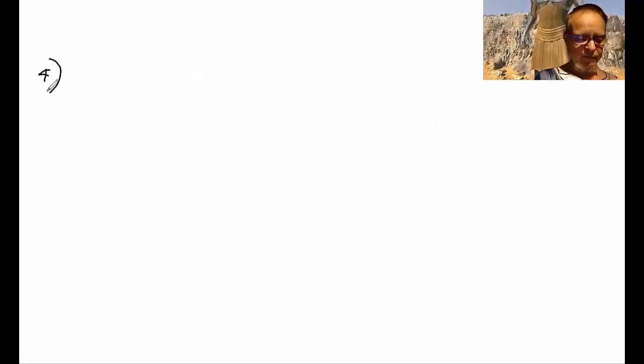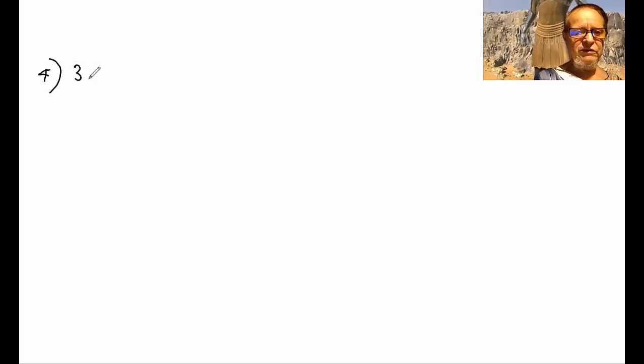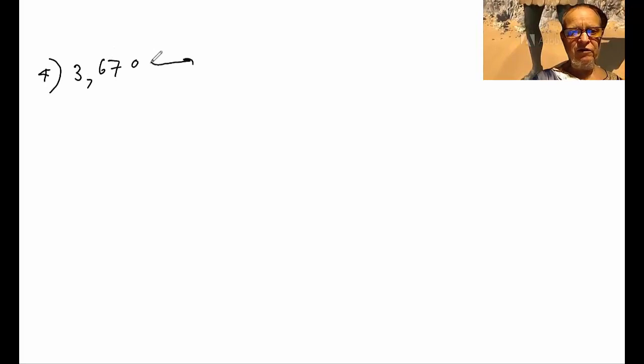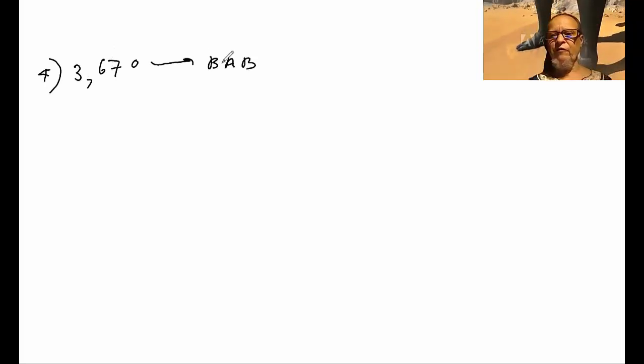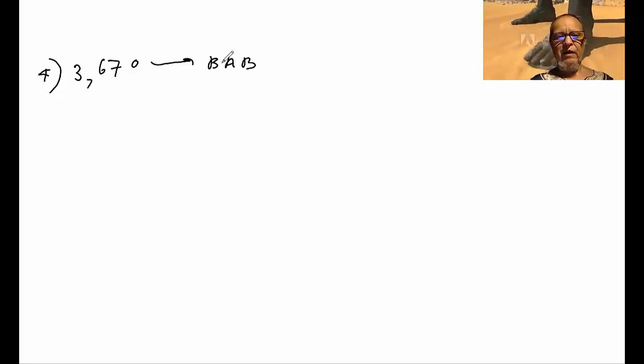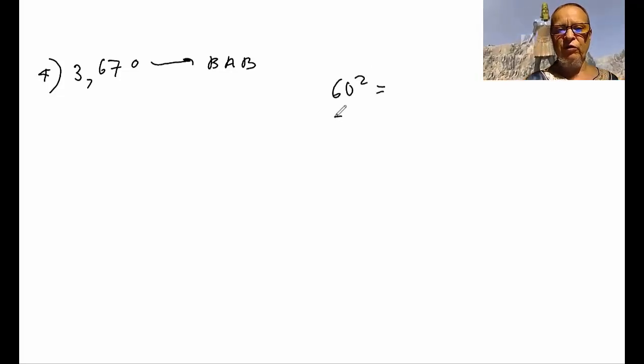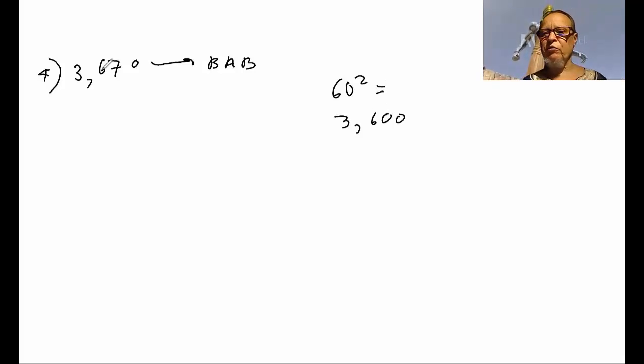In this example, we're going to take 3,670 and convert it into Babylonian. Now here we have a very big number. And in this case, let's look, 60 squared. Well, remember 60 squared is 3,600. So we see this is bigger than that.